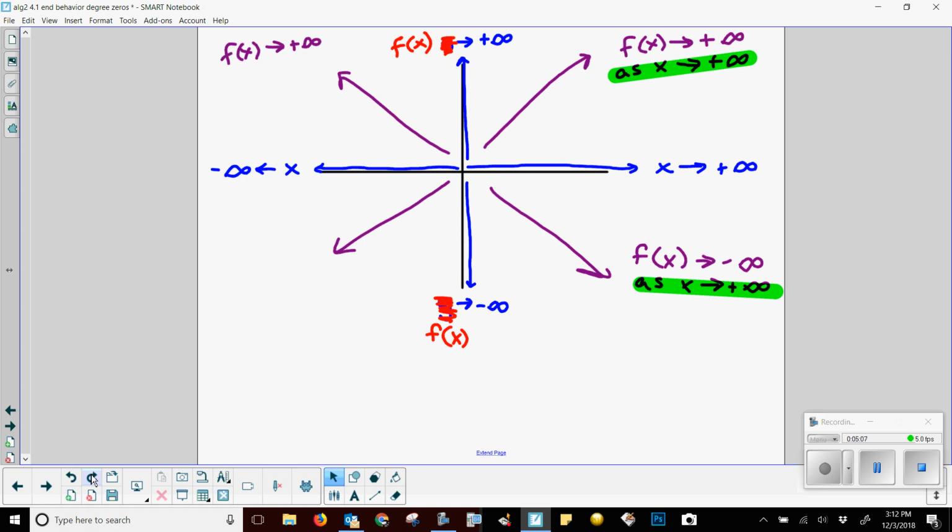Now over here on the left, it's the exact opposite. y is going up as x goes left, but we don't say that. We say f of x is approaching positive infinity as x approaches negative infinity. And down here at the bottom, negative, negative. Again, those are the same because they are both going left. We're only going to need one of them. There's no way we're going to need both of the ones on the left or both of the ones on the right.